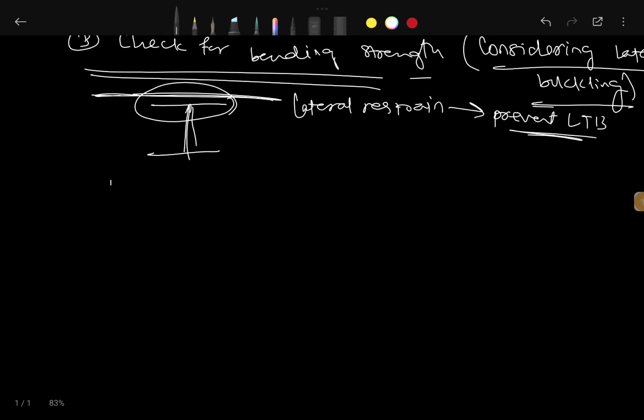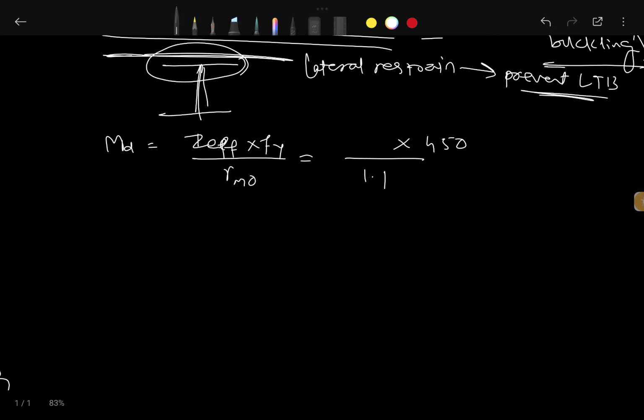Now the formula for bending strength is equal to effective section modulus into Fy divided by gamma m0. Here gamma m0 is 1.1 and Fy value is 450. The effective section calculation involves checking for buckling of the compression flange and web.